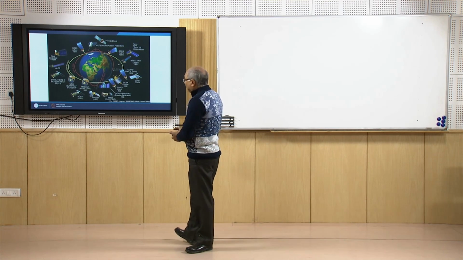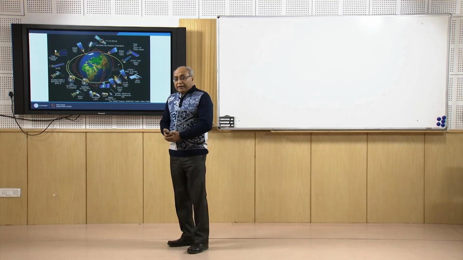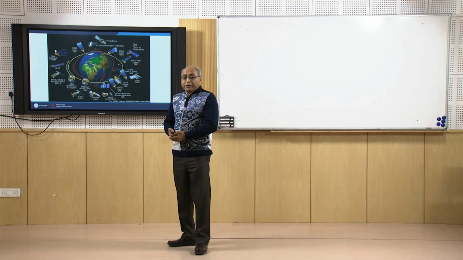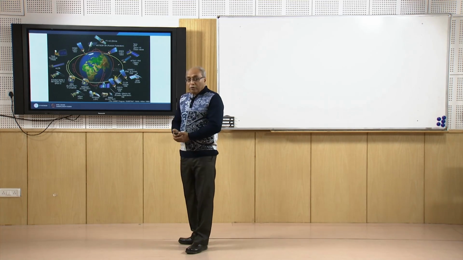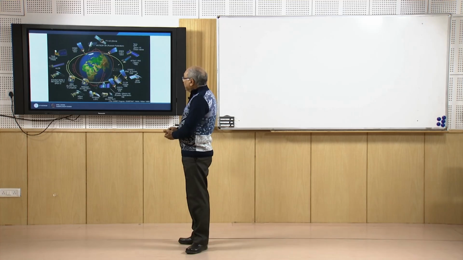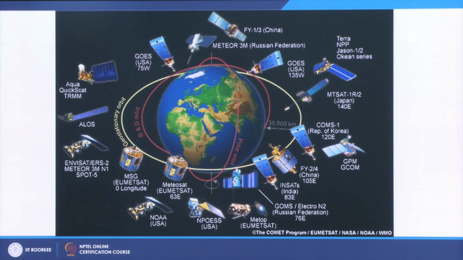Most Earth resources satellites like Landsat, IRS, Cartosat, Resourcesat are all in these polar orbits. Another very popular orbit was mainly for the communication satellites, which is the geostationary orbit.